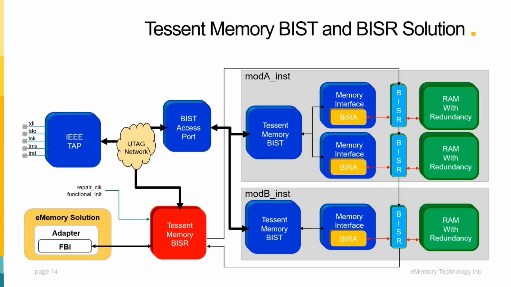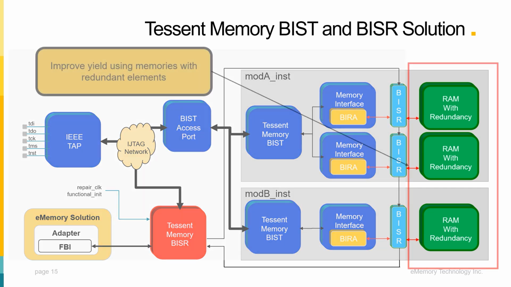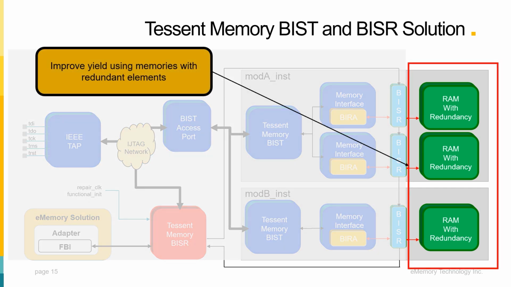This page shows the implementation details, and we can see that it contains the SRAM, Tessent tool, and eMemory OTP sections. First of all, SRAM is equipped with redundant bits to replace any bits that may fail if necessary.